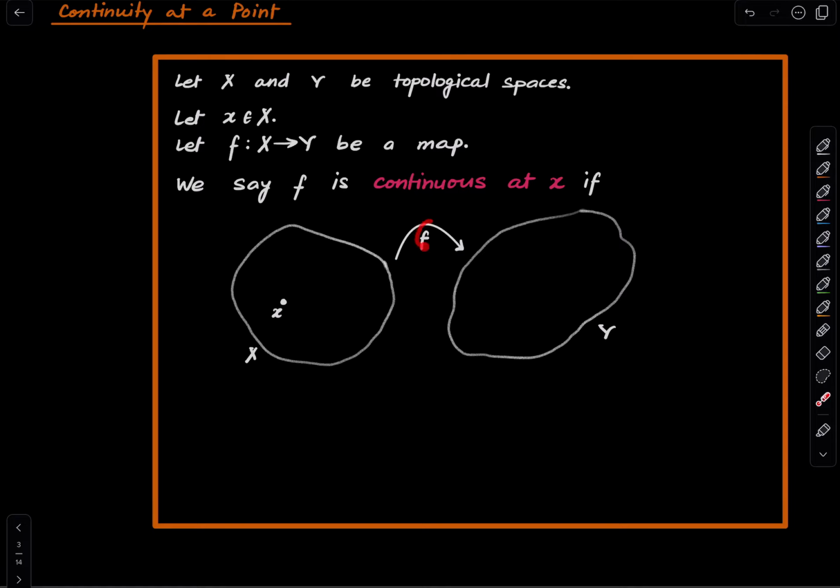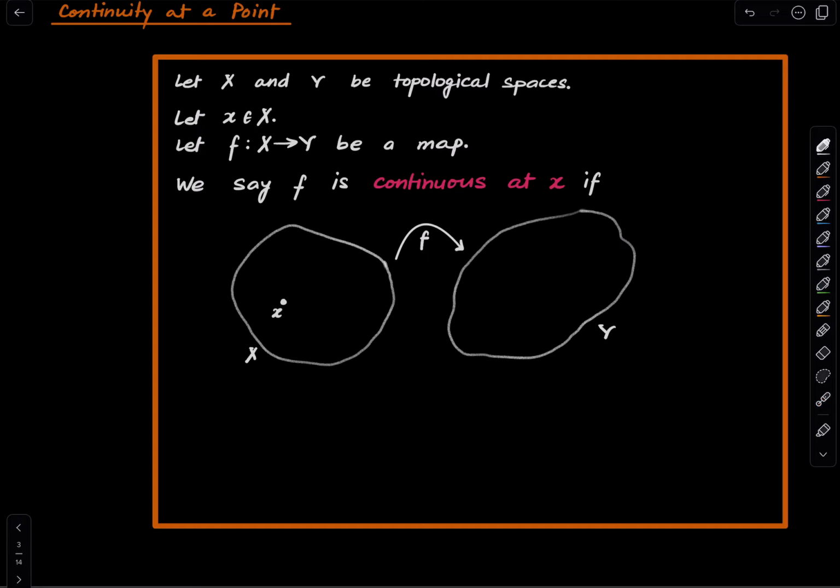So f maps every point in capital X to some point in Y. We are not insisting that this is a surjective or injective or any such function. It is just a function. Right, so we say this is continuous at the point little x if, what is the philosophy of continuity? It just means points which are sufficiently near to x map to points which are near to the image of x. That's the philosophy.